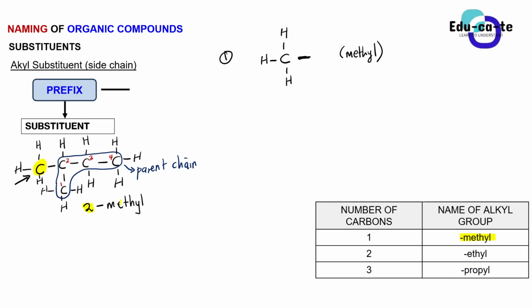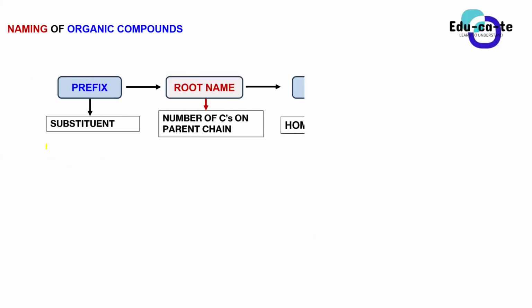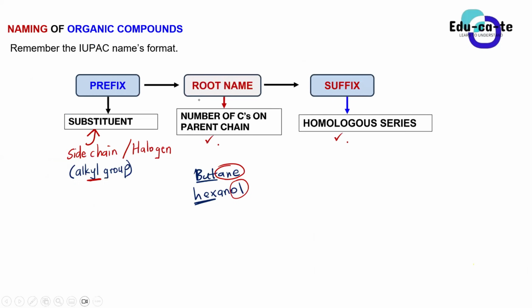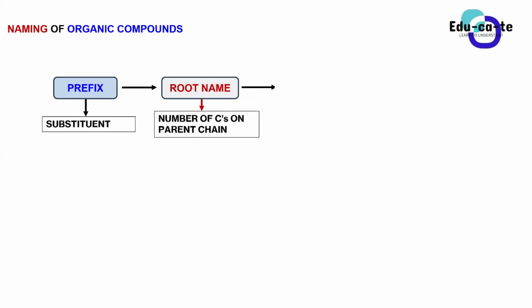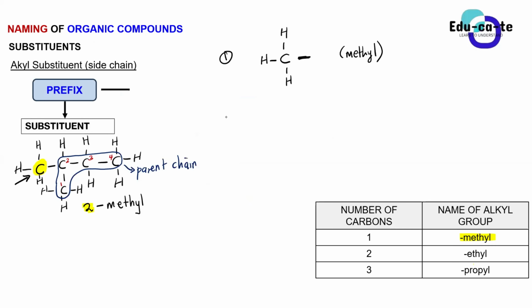Then you go back to your normal way of naming things. Remember, when naming, we need the prefix, the root name, and the suffix. For the root name, you just count the number of carbons on the parent chain. After writing all the substituents present, which in this case is only 1, you count the number of carbons in the parent chain.